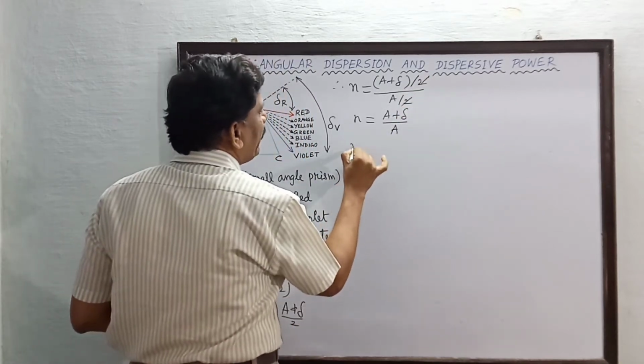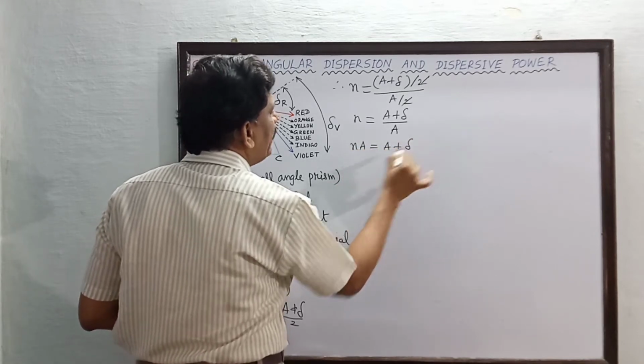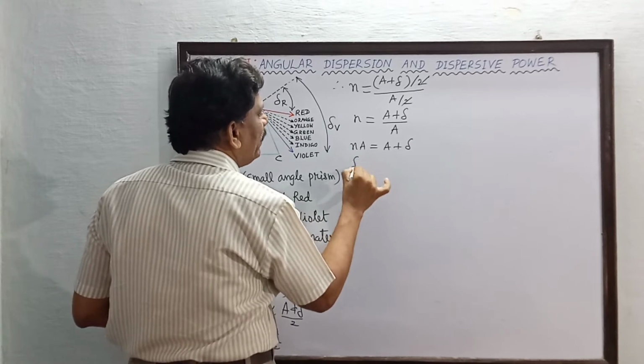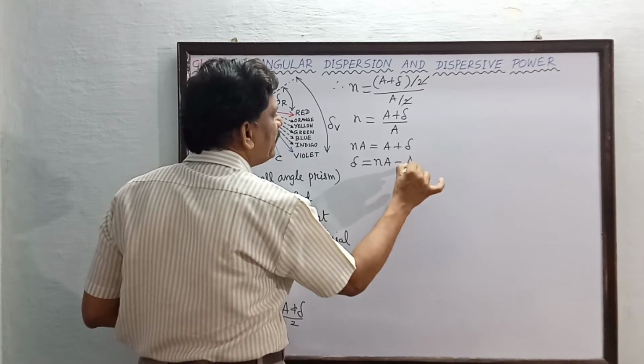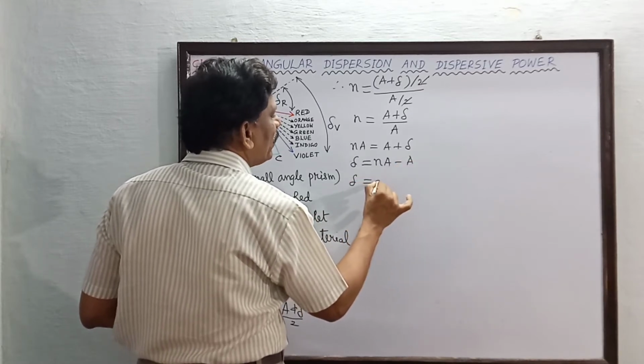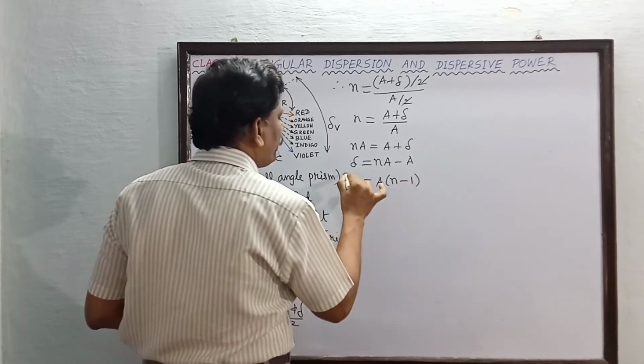So n into A is equal to A plus D, or D is equal to nA minus A, or D is equal to A into (n minus 1).